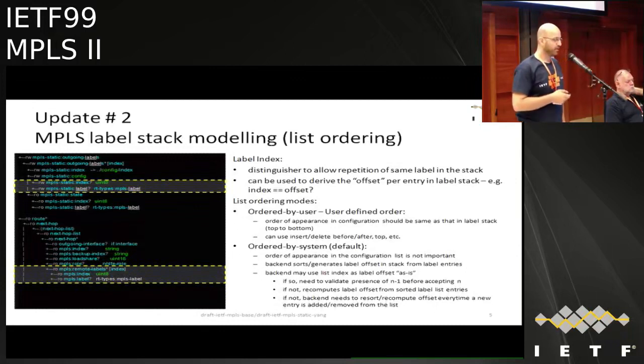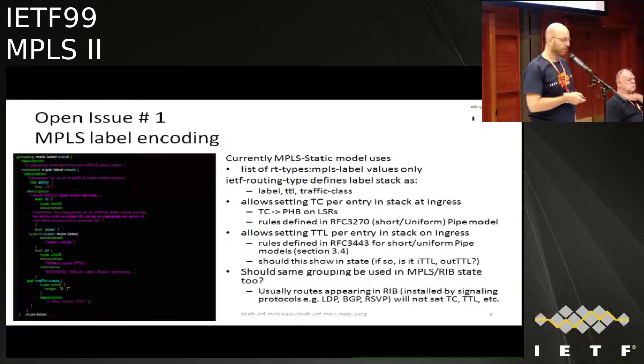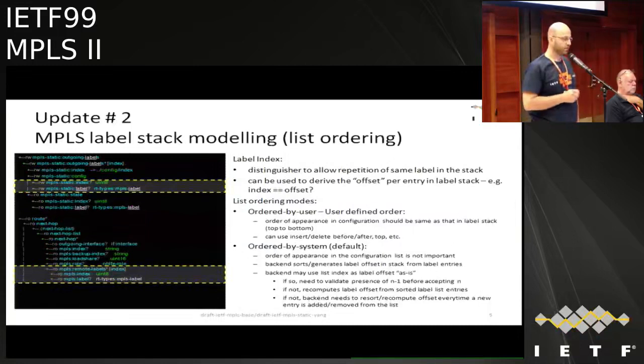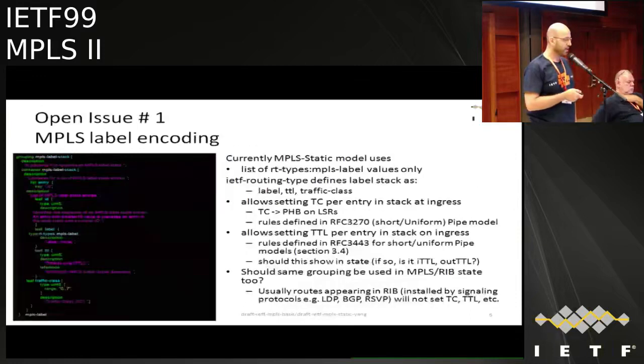So, back to the label encoding of entries in the list. Currently we are showing the label values in the label stack, and on the previous slide the list is composed of label value entries only. No TTL or traffic classes are allowed to be added, but the routing type, as I mentioned, defines this grouping that exposes label value, TTL, and traffic class.